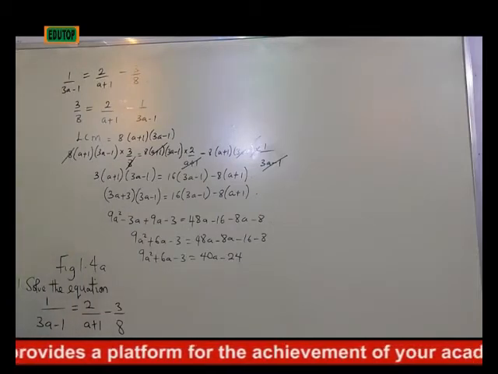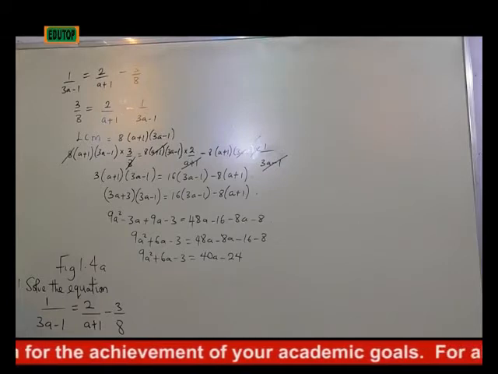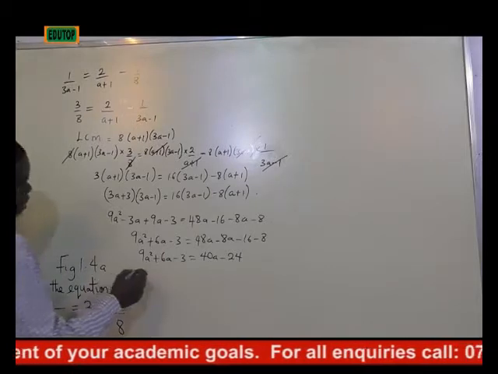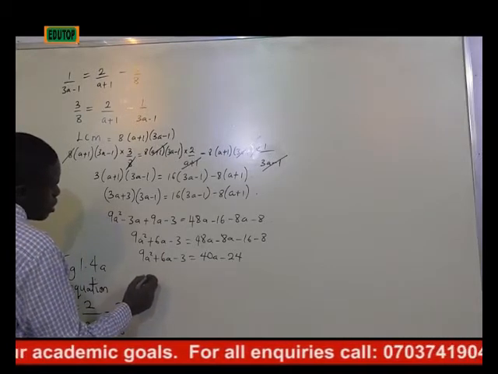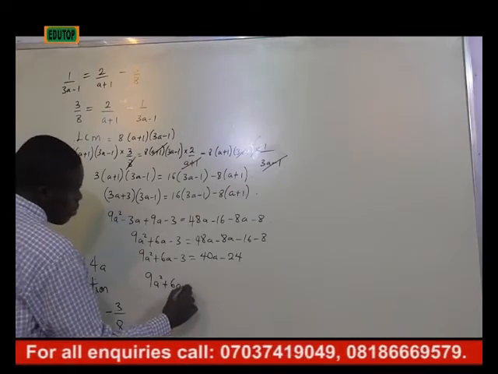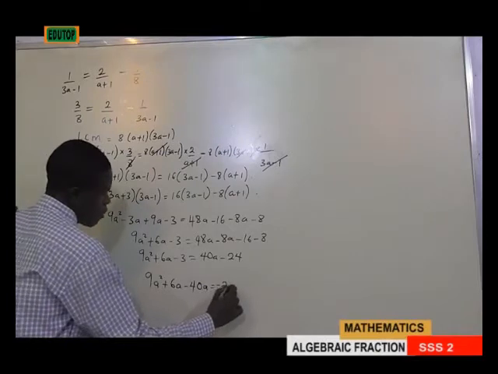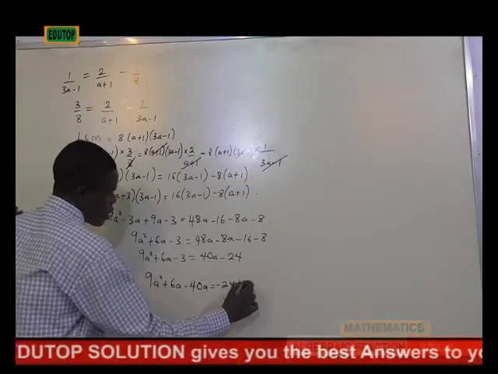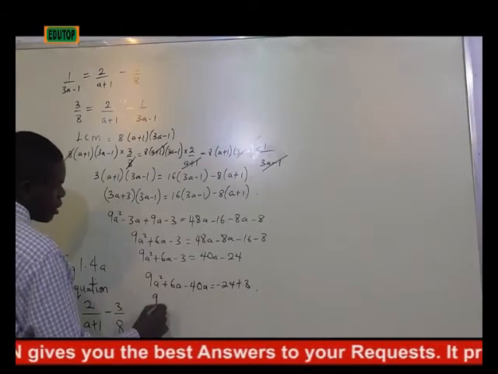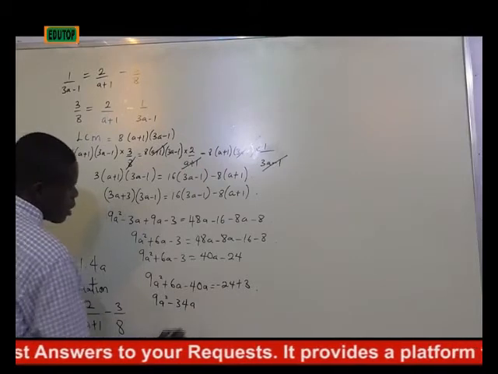So here, the next thing to do is to collect like terms. And by collecting like terms, I will have 9a squared plus 6a minus 40a equals to minus 24 plus 3. And this one will give me 9a squared minus 34a.